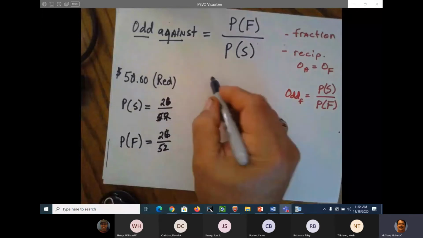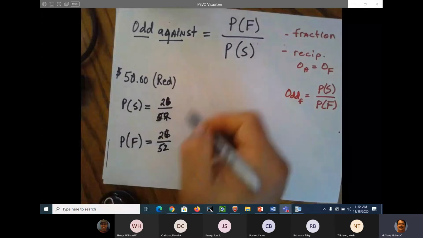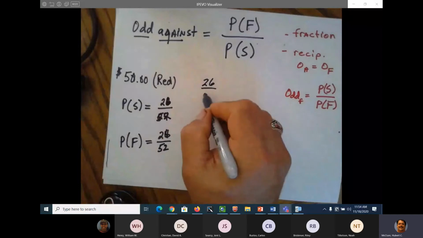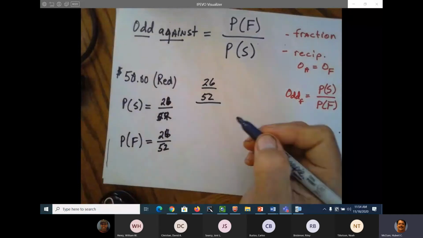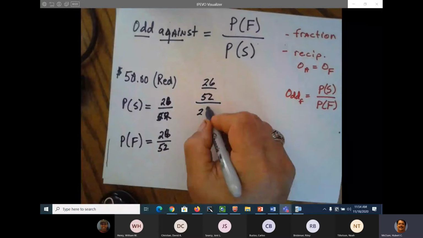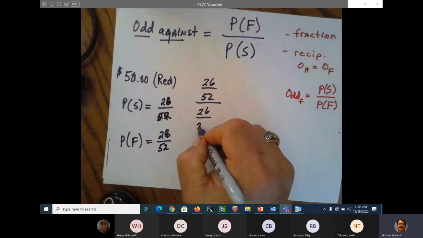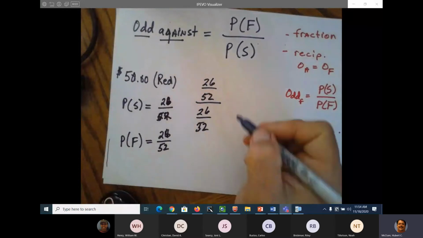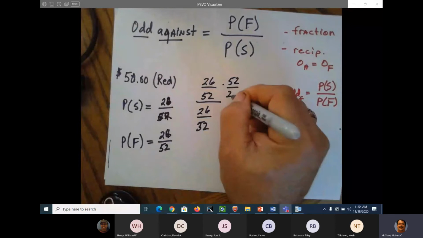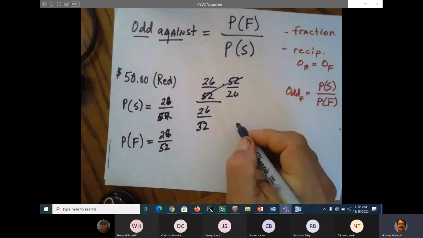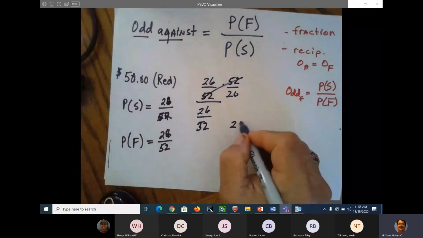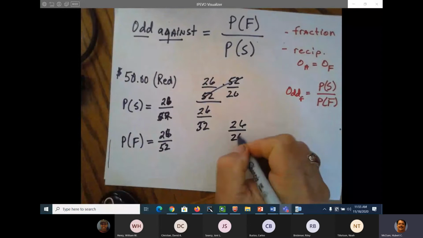So we get the odds against as 26 over 52 divided by 26 over 52, multiplied by 52 over 26. And I get a 1-to-1 ratio, 26 over 26, which is equal to 1-to-1.